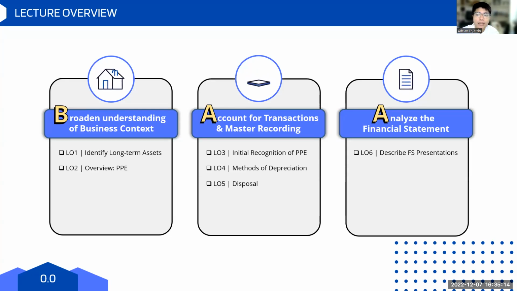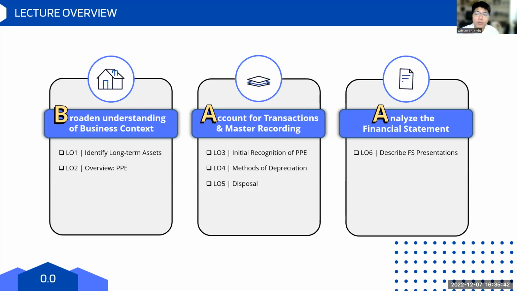We're going to look at the initial recognition and the subsequent recognition, particularly the methods of depreciation. If I had to be honest, if there's one thing we really have to master for PPE, it would be depreciation. Similar to notes receivable, where calculating interest was the major challenge, for PPE the major challenge would be mastering how to record depreciation.